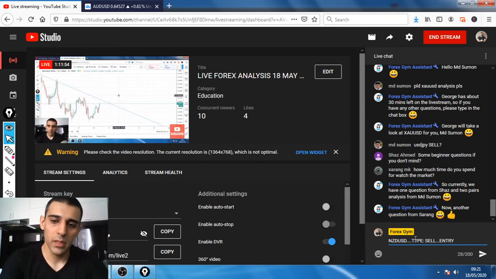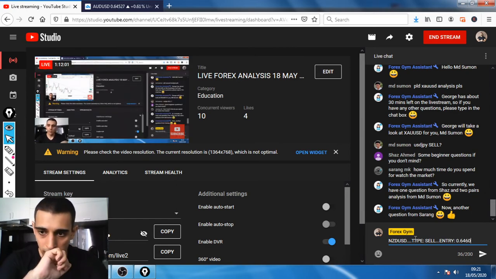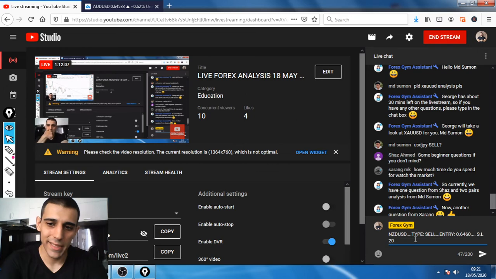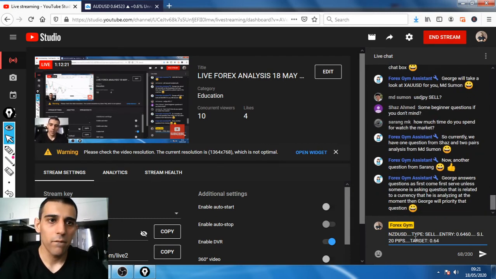Entry would be 0.6460. As far as the stop loss goes, we're looking at 20 pips, which I think will be more than enough. If you can give it 25, that will be fine as well, but it is going to affect your risk reward. The target is going to be 64.05.